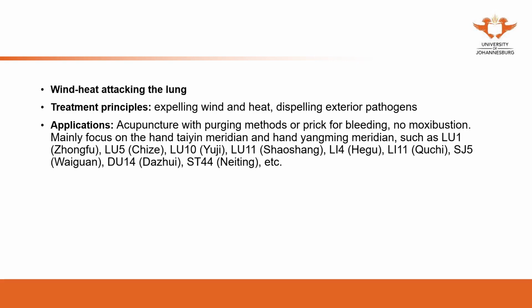Because this is heat, you're going to use acupuncture with purging methods or prick for bleeding. We don't use moxibustion because this is heat. We focus on the hand Tai-Yin meridian and the Yangming meridian. The hand Tai-Yin meridian is the lung meridian. The hand Yangming meridian is the large intestine.